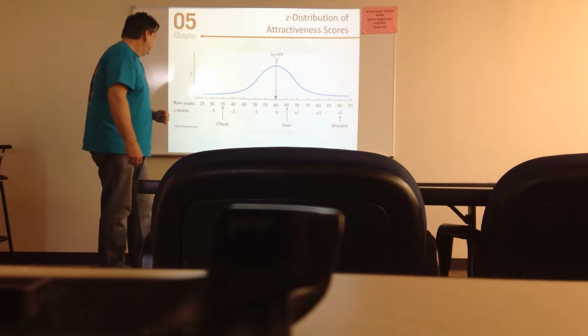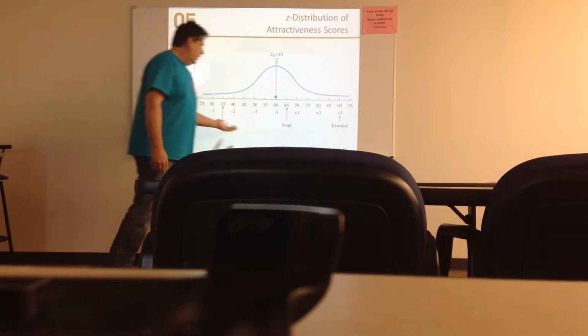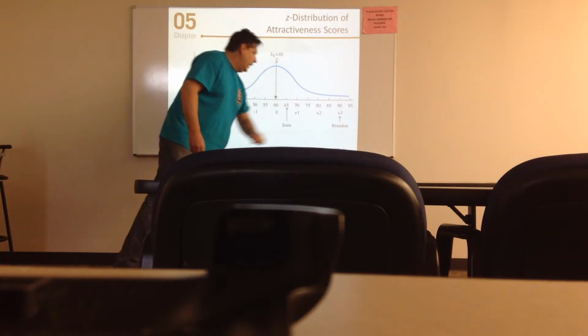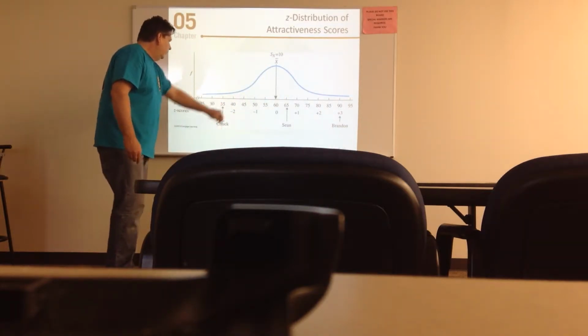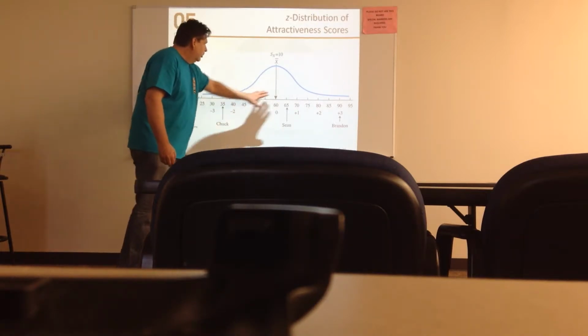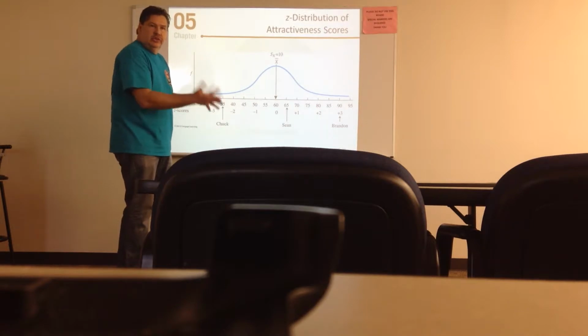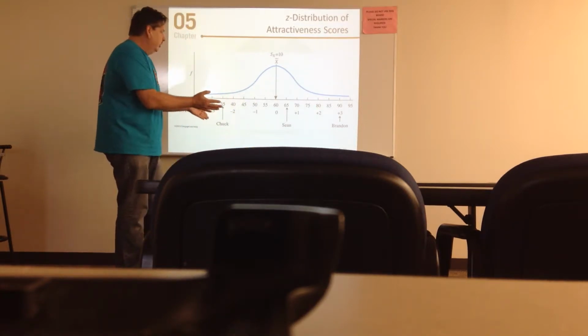So in this particular example here, we've got Sean, Chuck, and Brandon, and we can take their raw score of 35 and we can place it onto this normal distribution. As long as the distribution is normal, we can find out exactly where they fall on this distribution.